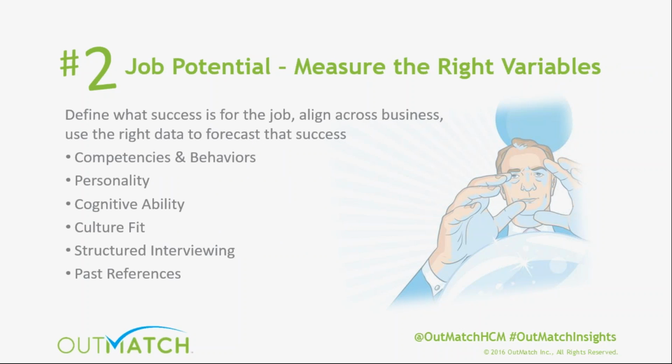So let's talk quickly about how to measure the right variables. All right, so defining success on the job, you have to align success across the business also. You can't have the perfect skill and behavior competency set for someone who's in sales and someone who's developing our piece of software, and we've never talked among the management team about that set of competencies.